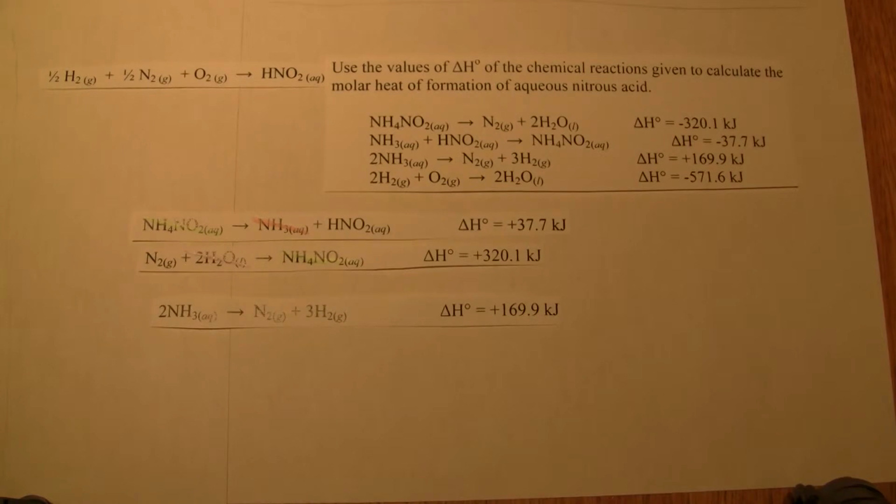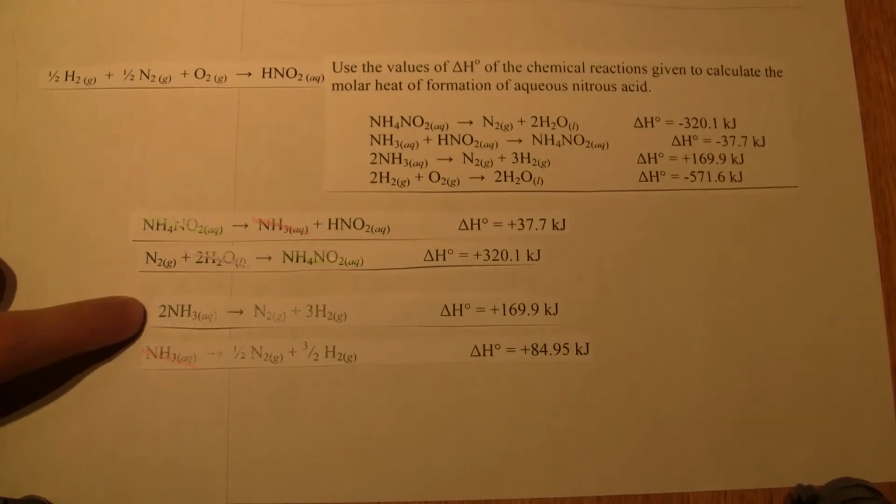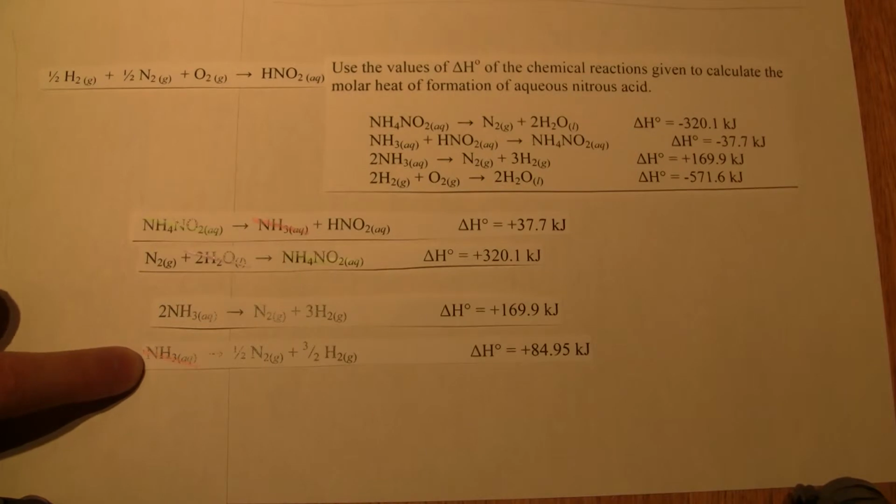In this case, we have 2 moles of ammonia on the reactant side and 1 mole on the product side. So, in order for the ammonia to cancel out, we needed to divide the first equation by 2. So here we have just NH3, not 2 NH3, NH3 yields 1/2 N2 plus 3/2 H2.